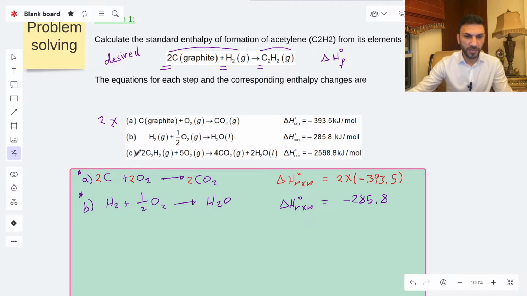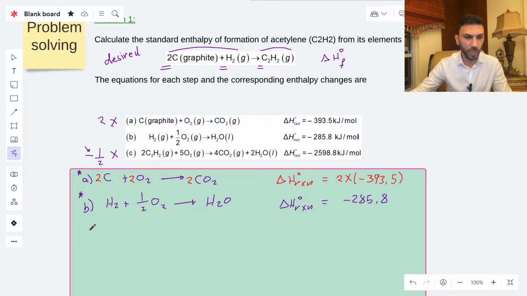In the third reaction, reaction C, I need C2H2 in the products, and I need only 1 mole. But here I have it in the reactants, and I have 2 moles. So I need to multiply this one by negative half. Why negative half? Negative because we're going to flip this reaction, and half because I need only 1 mole, but we have 2 moles.